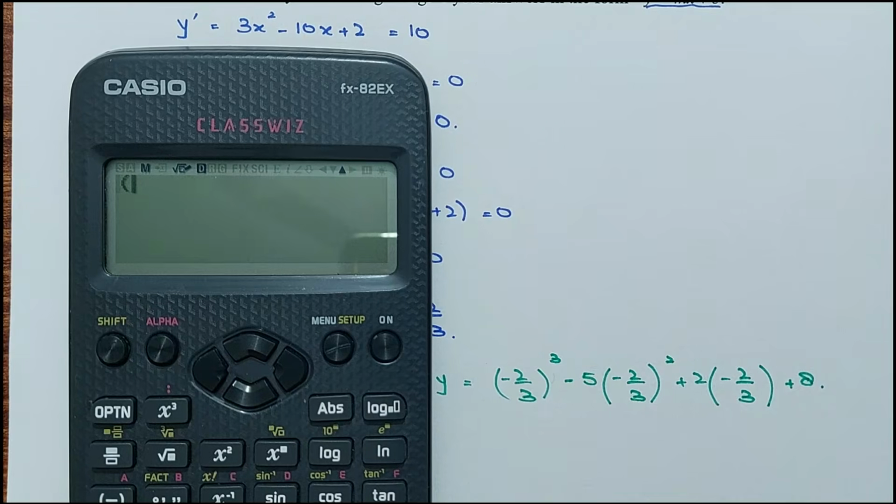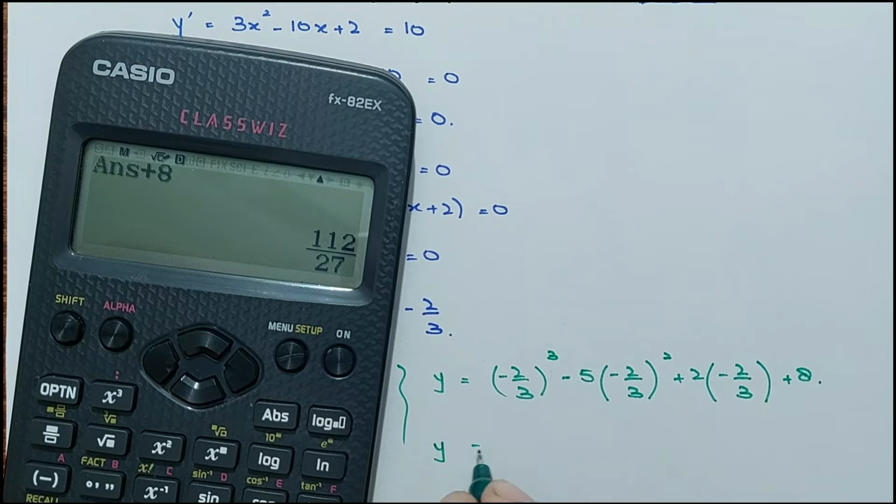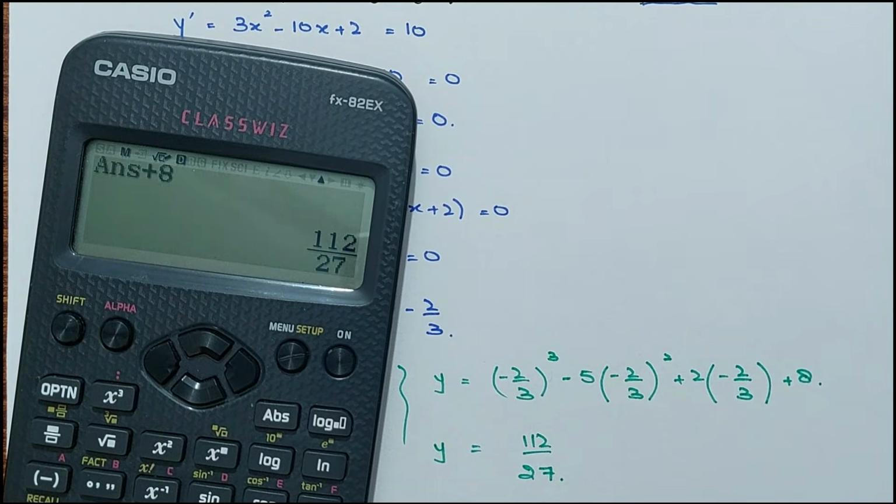So minus 2 by 3, its cube, and minus 5 into minus 2 by 3 square, and plus 2 into minus 2 by 3 and plus 8. This should be 112 over 27. Y is 112 over 27, right?